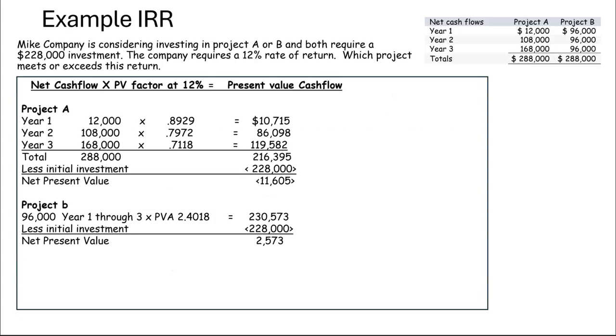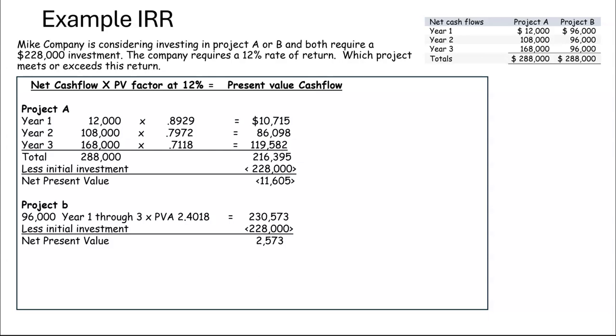So here is our example. We have two investments, A and B, and the investment is $228,000 for each. And we have Project A's cash flows and Project B's cash flows. They're the same, but we get them at different times.